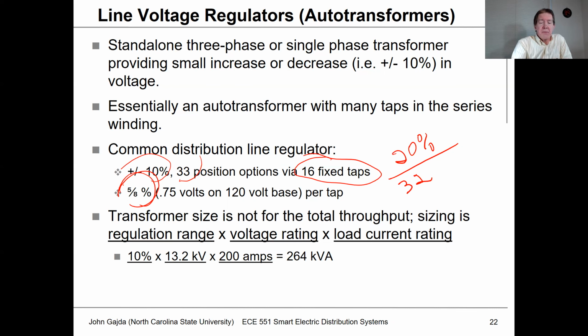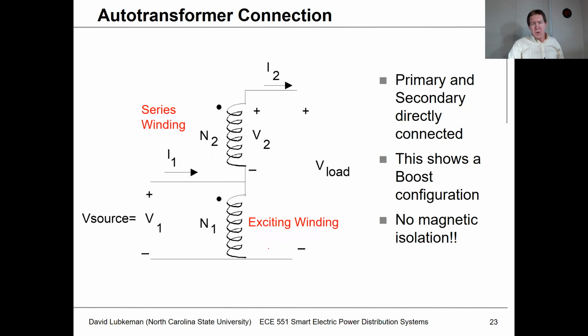You'll see a little bit that if I have a certain current rating, say 200 amps, and I'm operating nominally around 13.2 kV, the size of the transformer I'm going to need for a 10% boost is only going to be 264 kVA. So you don't need a really huge transformer for doing this. The way these autotransformers would be built, again, is by using what's called an autotransformer connection.